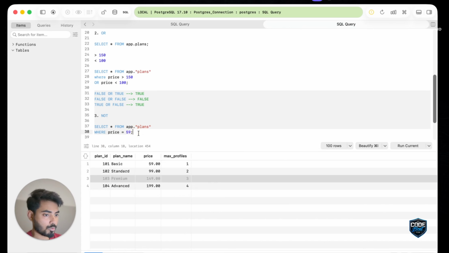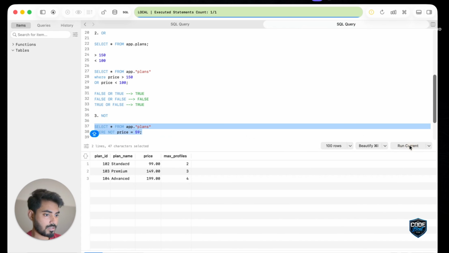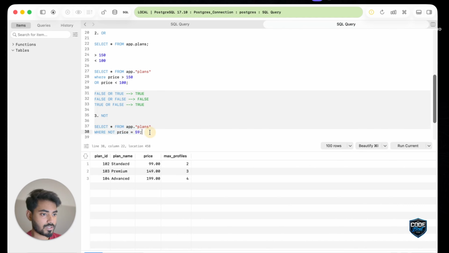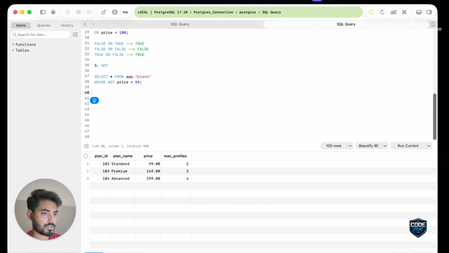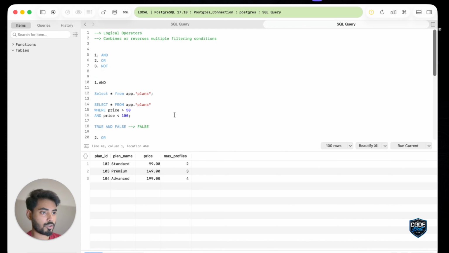But I do not want price to be 59. I want all other outputs which have price not equal to 59. So here I will write not. Now if you run this SQL, you will get all these 3 outputs, and if you see the price here, 59 is not in the output. So that was the use of the not condition here.